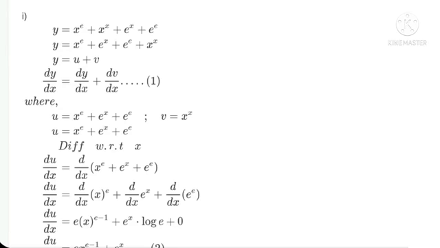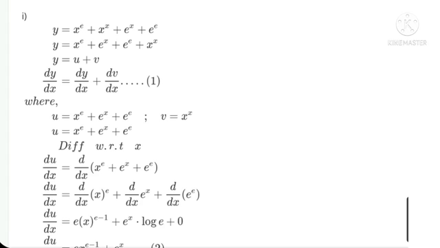See question number 2. Differentiate the following with respect to x. First is y is equal to x raised to e plus x raised to x plus e raised to x plus e raised to e. Here you take the adjustment. Take adjustment as x raised to e plus e raised to x plus e raised to e, plus x raised to x. That is, you take y is equal to u plus v.